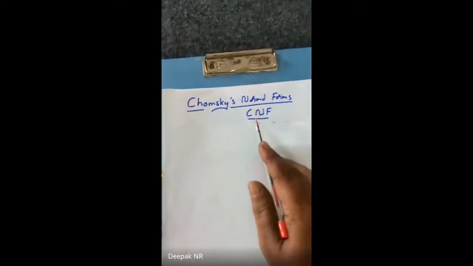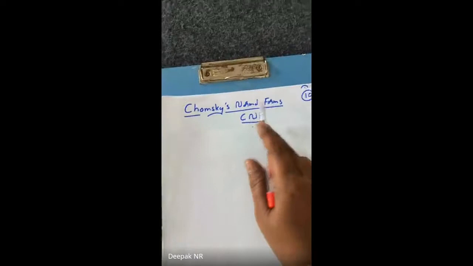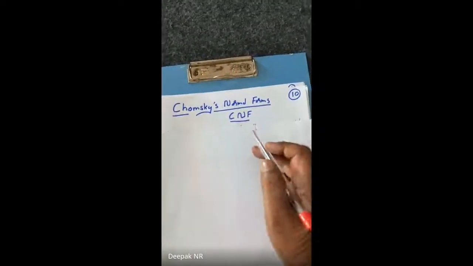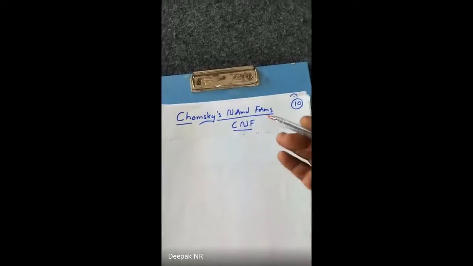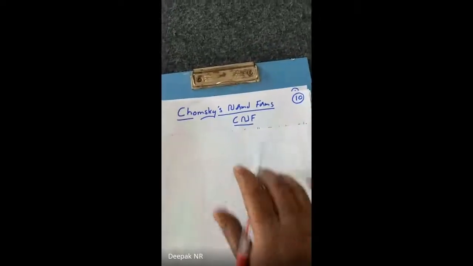Guys, do not get confused between CFG and CNF. It's called a normal form. What do you mean by a normal form? There will be a grammar, and that particular grammar will have a set of rules to be satisfied, and that's called a normal form.